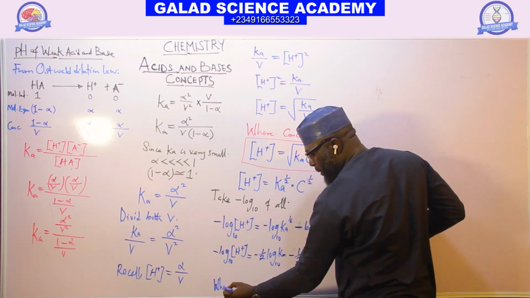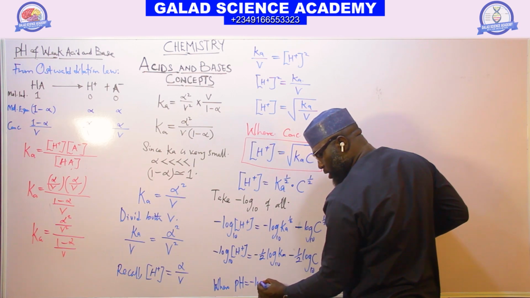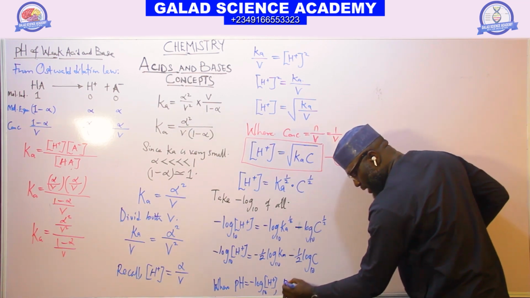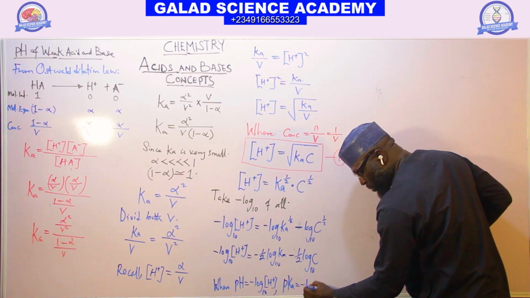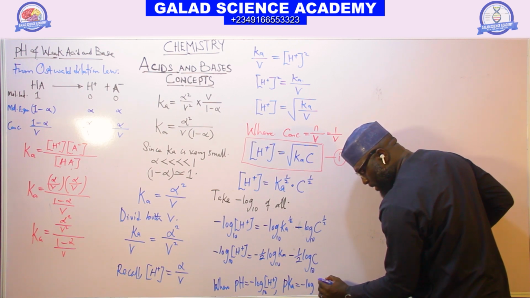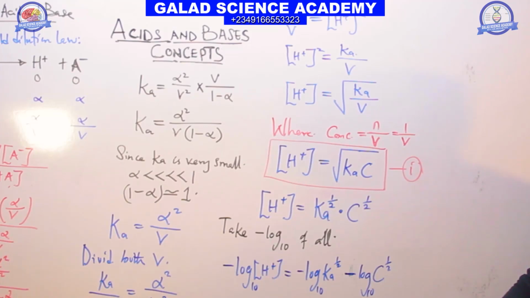You can now say where pH is equal to minus logarithm of the concentration of H to base 10, then pKa equal to minus logarithm of Ka to base 10.